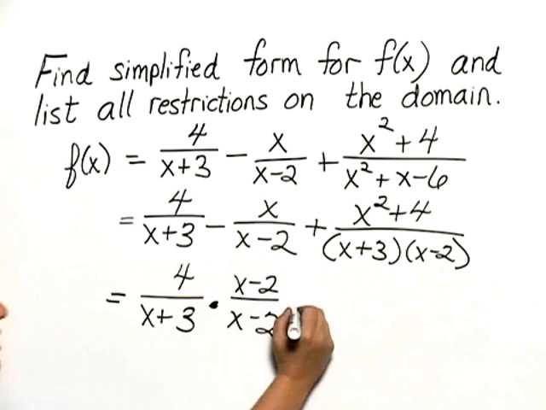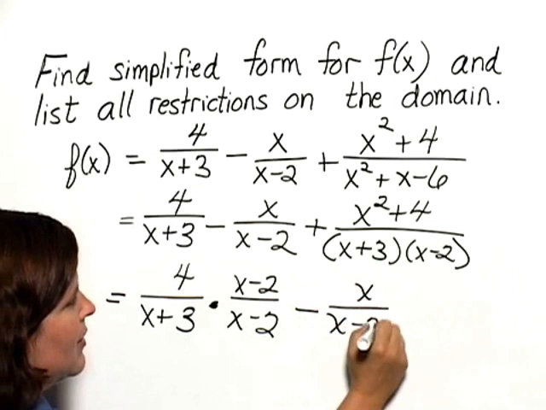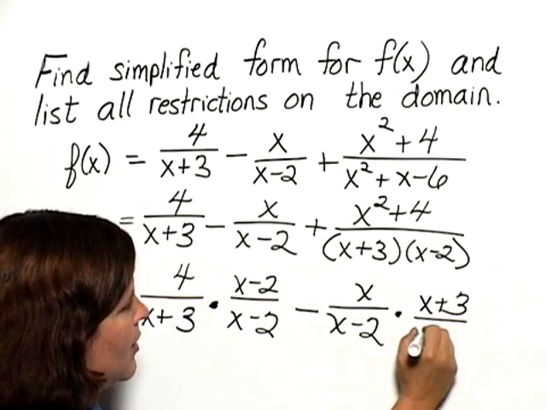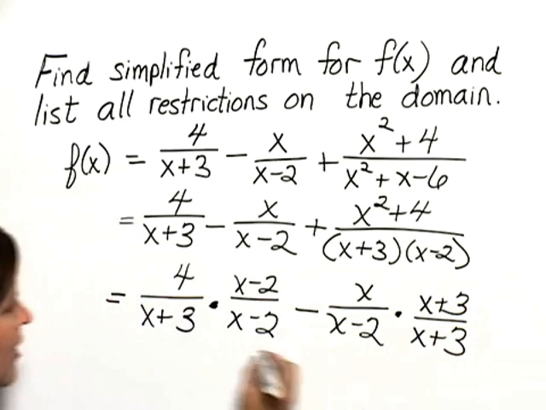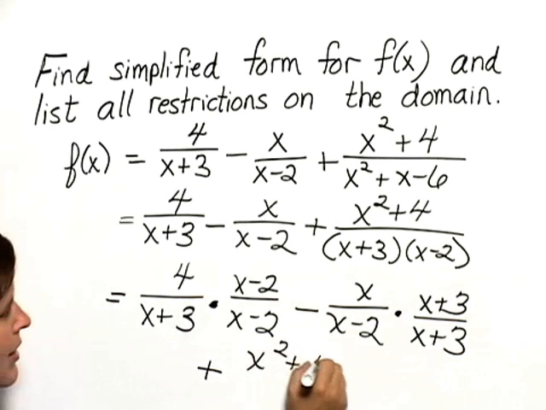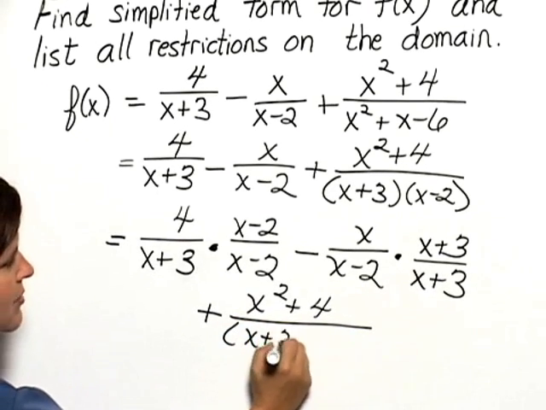The second fraction I need to multiply by x plus 3 over x plus 3. And the third rational expression I can just leave as it is because it already has the common denominator of x plus 3 times x minus 2.